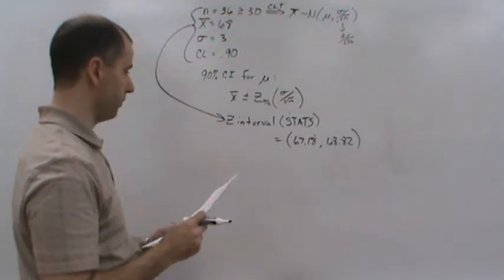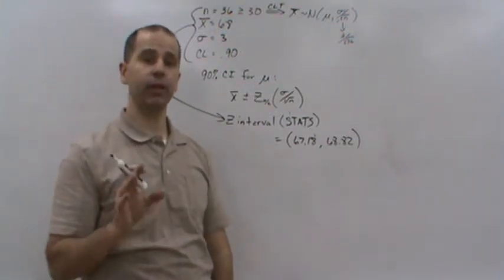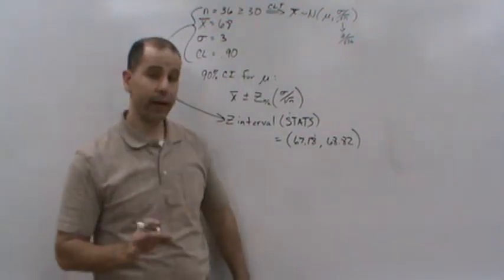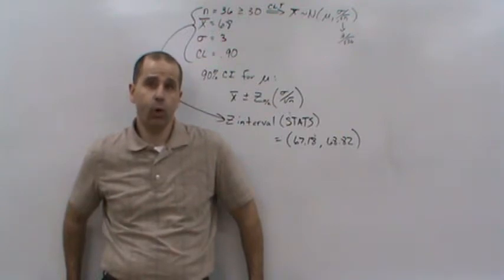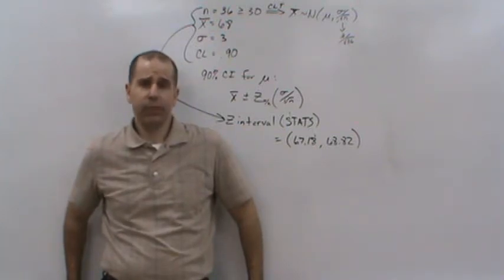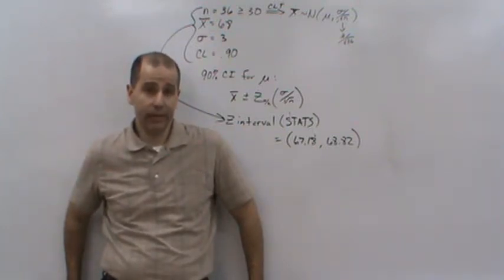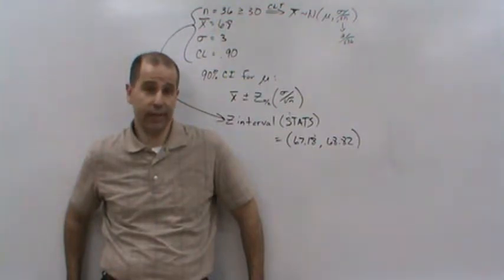Now, interpretation. Here's where the interpretation comes in, and you need to make sure you understand the correct interpretation. And there's really 2 correct interpretations for a confidence interval. One is more used than the other. But there are many different ways that I get from students, many creative interpretations that students will give me that are wrong.